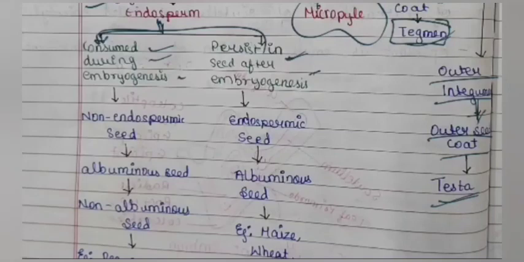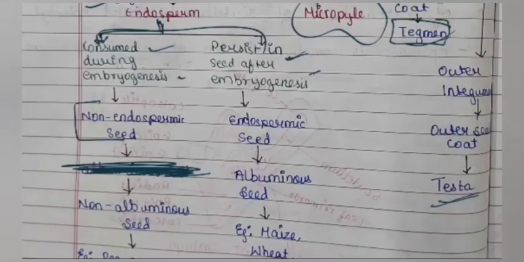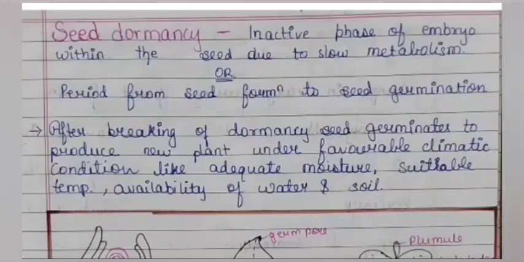Coming to endosperm, if the endosperm is consumed completely, then those seeds are known as non-albuminous seeds, while if it persists in some seeds, those seeds are known as albuminous seeds, such as maize and wheat.